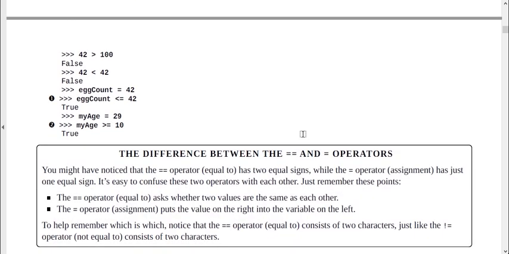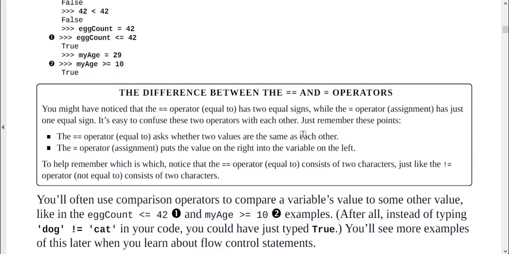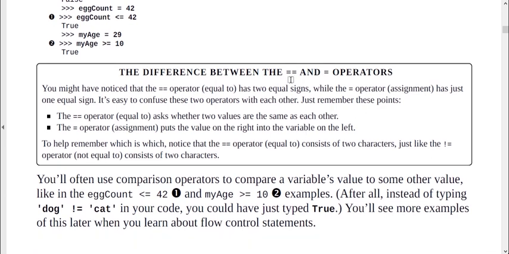After that, let me tell you the difference between the double equal and the single equal operators. The double equal is a comparison operator and the single equal is an assignment operator. The double equal is used to compare two values, and the single equal or the assignment operator is used to assign any kind of value, maybe boolean, integer, string, float, to any variable.